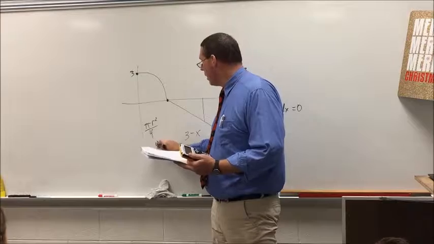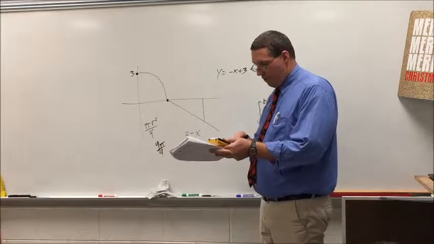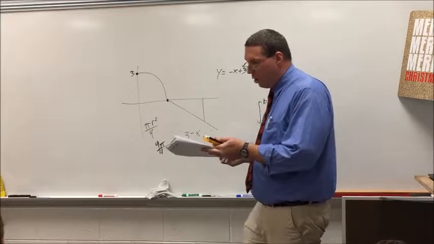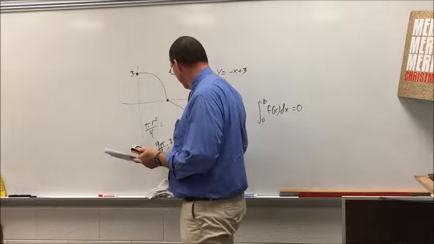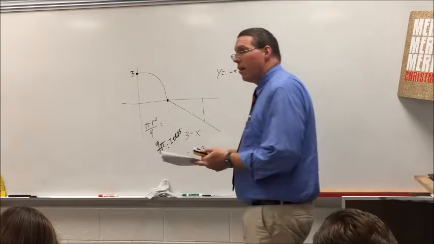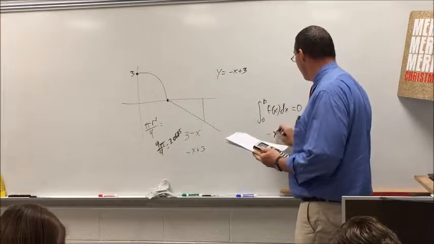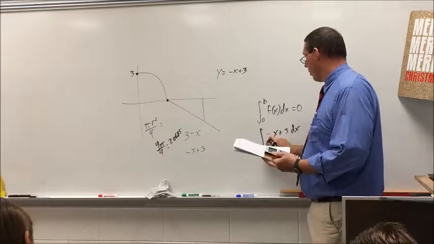So it's 9 pi over 4. If I put in 9 pi over 4 on the calculator, I get 7.0685. So here's what I did: I took all the answers and I did a definite integral of negative x plus 3, starting at 0.